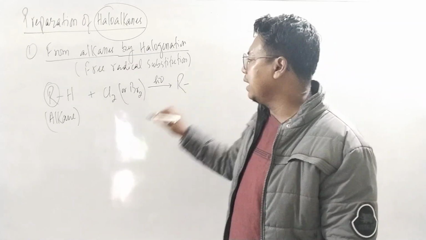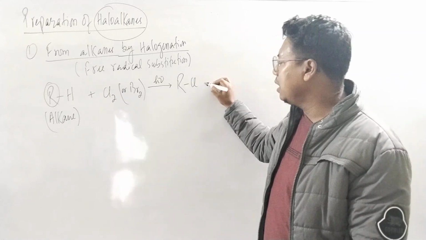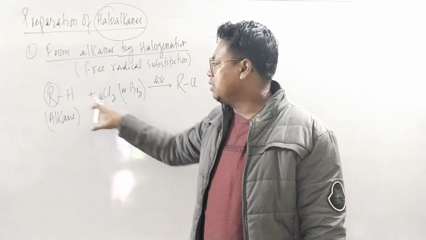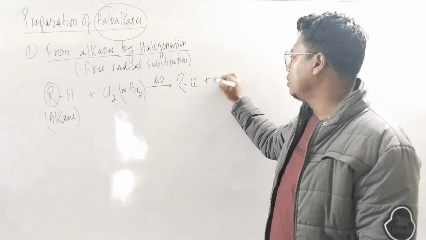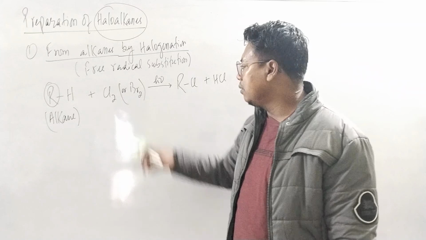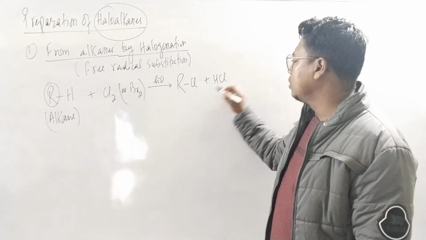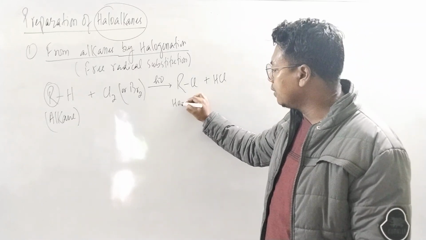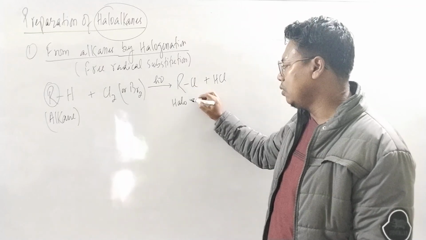So we will get RCl, one hydrogen and one chlorine combined to form hydrogen chloride or hydrogen bromide. This can be bromine also, right? So this is our haloalkane. RCl is haloalkane.